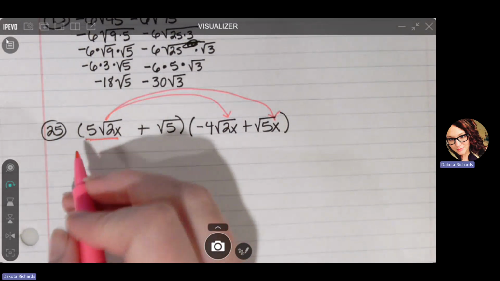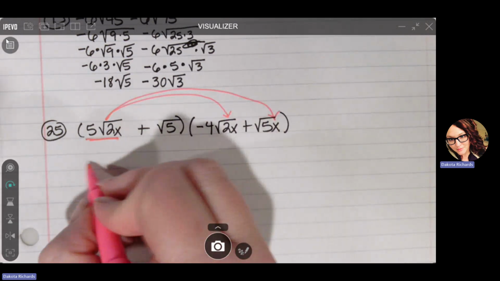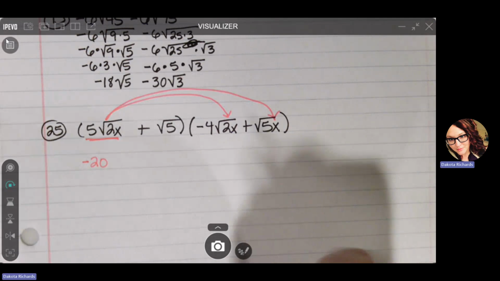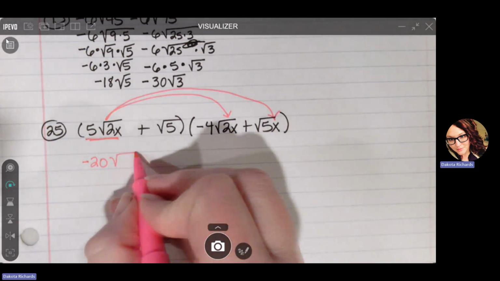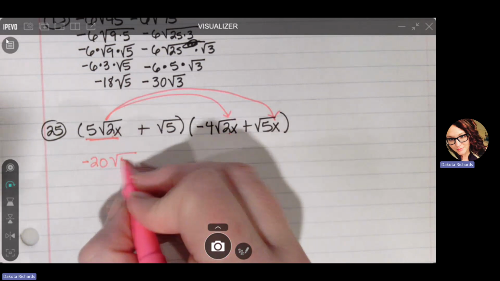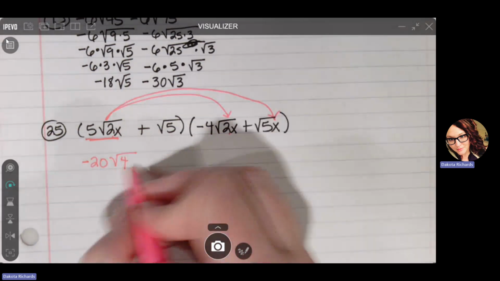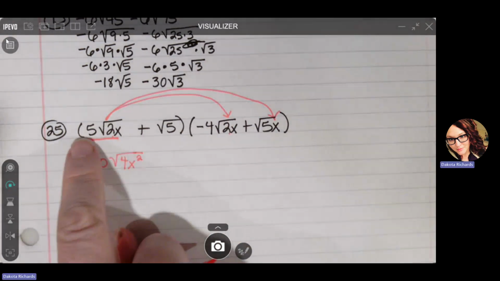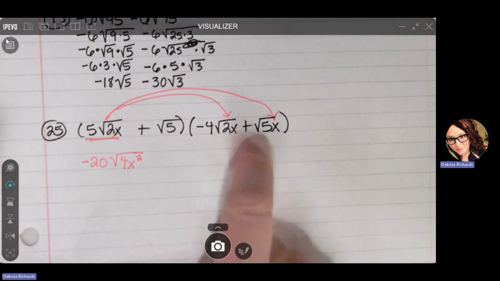On the outside, we've got 5 times -4, which is just -20. Okay, on the inside, for the first one, we've got 2x times 2x. Well, 2 times 2 is 4. X times x is x squared. And then the next one, you don't have a coefficient.